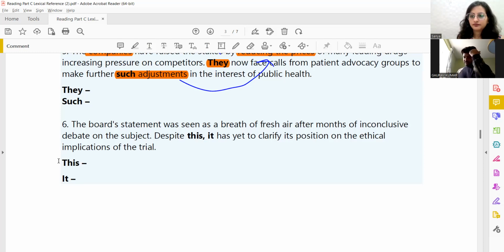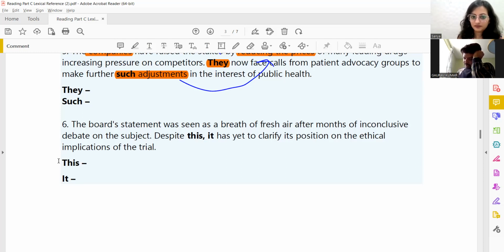Despite this. Yeah, so think about it, despite what? Despite this means, so the board statement, but despite the board statement, it has yet to clarify its position.